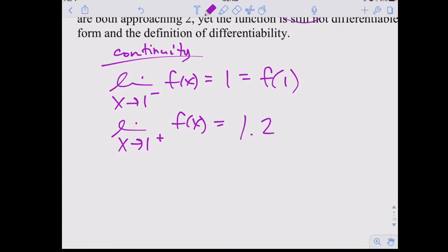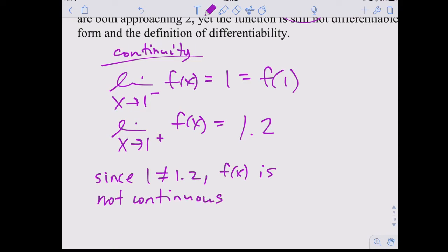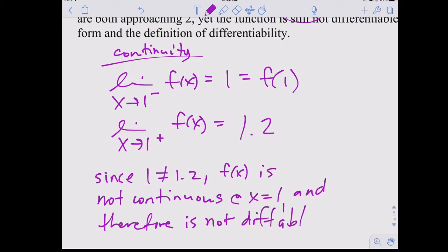So here's how you would string that argument. This is the continuity argument. Since 1 does not equal 1.2, f of x is not continuous at x equals 1, and therefore is not differentiable, which I'll abbreviate as diffable, at x equals 1.